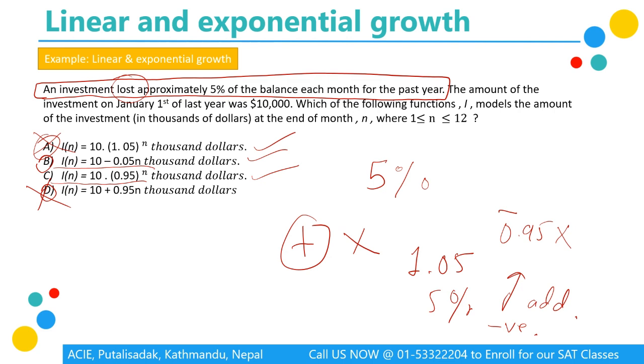Approximately 5% of the balance each month of the past year. 5% of the balance each month. So each month, whatever balance there is after the 5% loss, from that another 5% loss happens the next month.